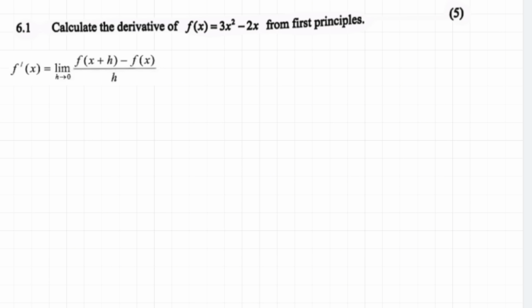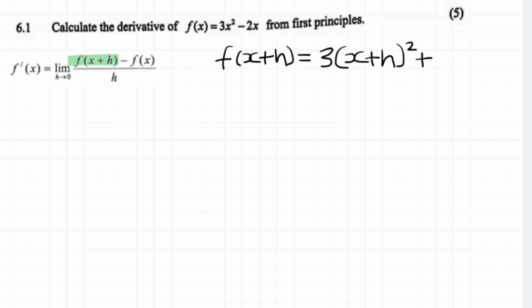In this formula, what we actually need is f of x plus h, because f of x is already given. So let me find f of x plus h. I'm going to substitute x plus h for x there, which is 3 times (x plus h) squared, minus 2 times (x plus h), just like that.